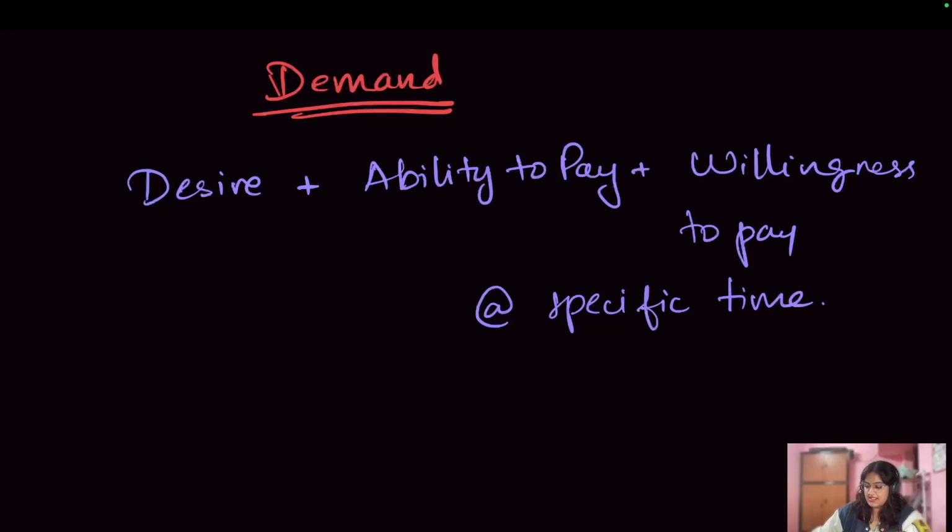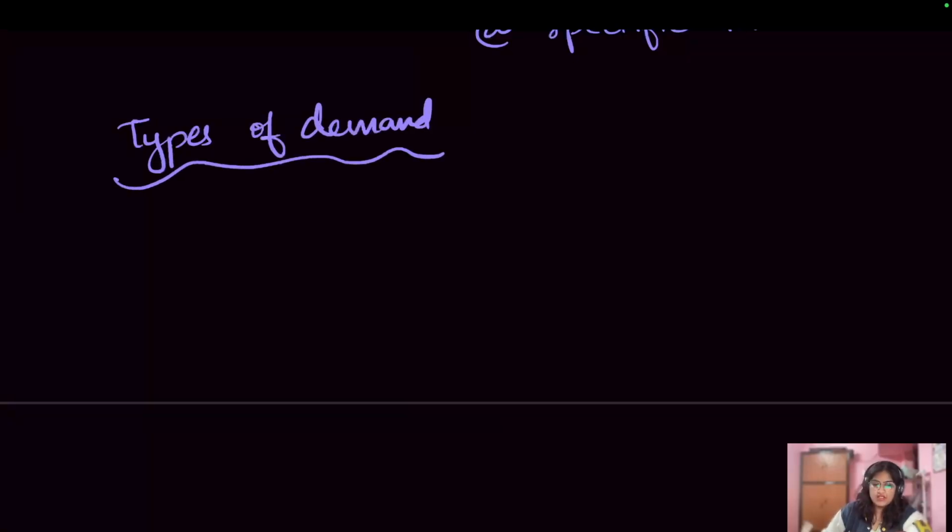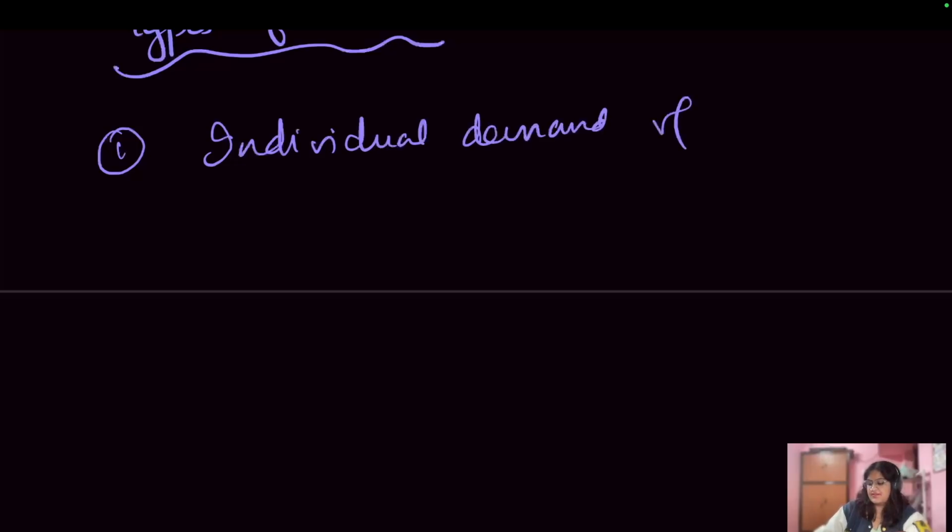Now let us understand what are the different types of demand. Types of demand. The very first one is individual demand versus market demand. Individual demand is what you want as an individual, as a person.